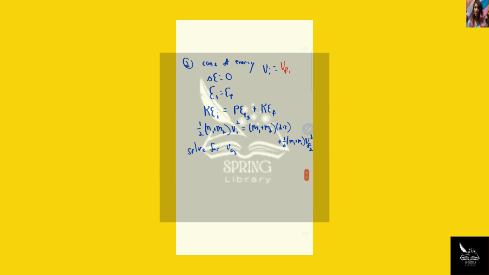And we end up with 1/2 times mass 1 plus mass 2 times V final 1. Oh, let's actually, that way you can see this pretty easily. I'm going to replace this initial velocity with this guy here from part 1, V final 1 squared, minus mass 1 plus mass 2 times 2r.